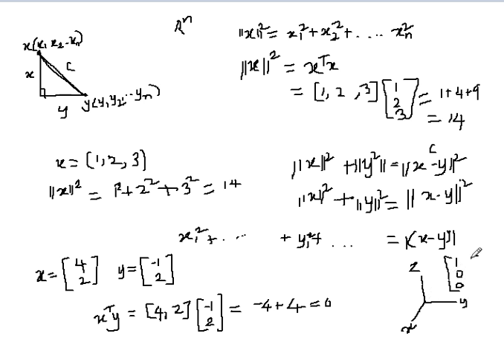Corresponding to y, it would be 0, 1, 0. And corresponding to z, it is 0, 0, 1. So these are e1, e2 and e3 in a three-dimensional coordinate system.